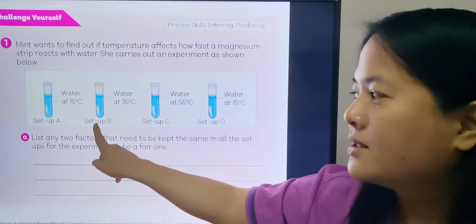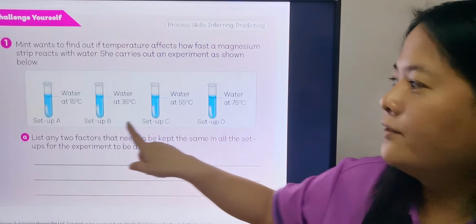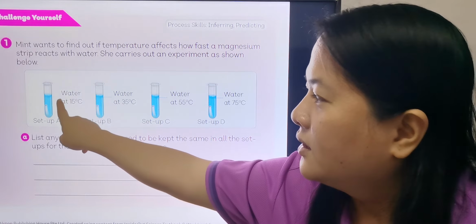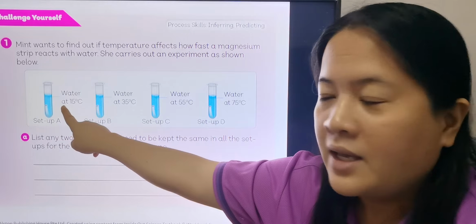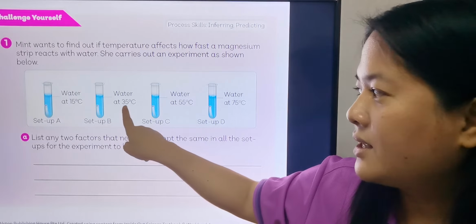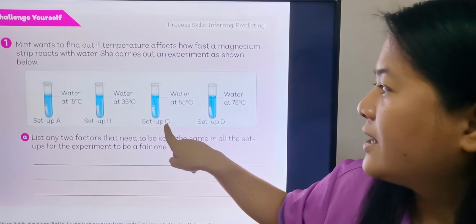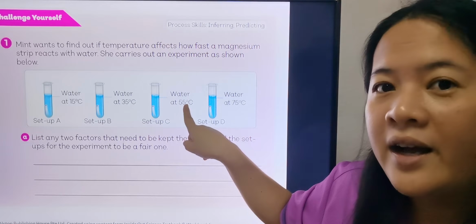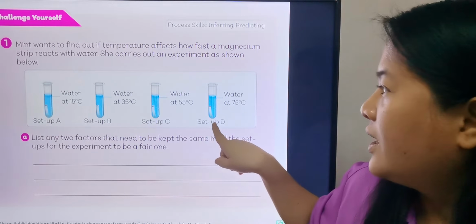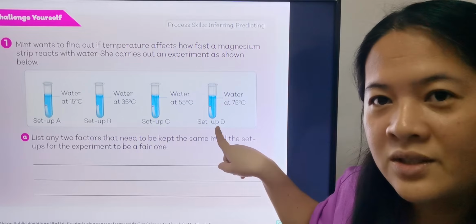Setup A, setup B, setup C, and setup D. So the difference is that the water in setup A is at 15 degrees Celsius, setup B is at 35 degrees Celsius, setup C is at 55 degrees Celsius, and setup D is at 75 degrees Celsius.